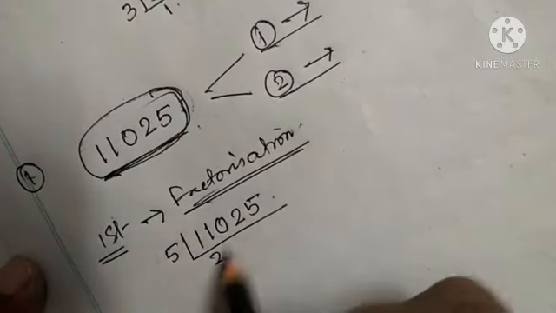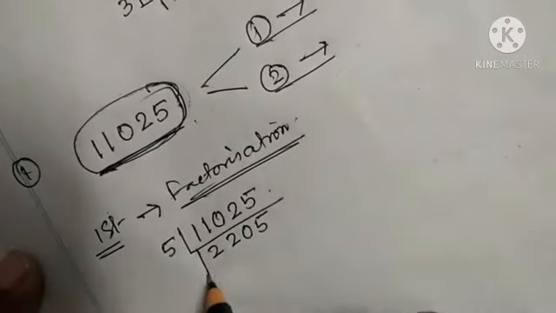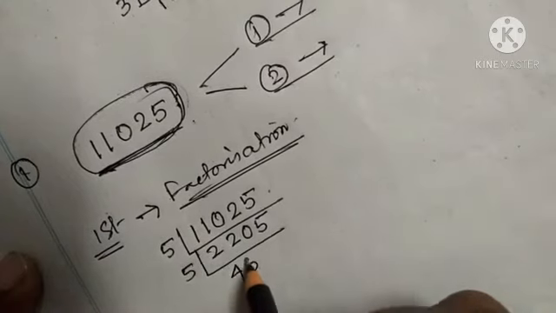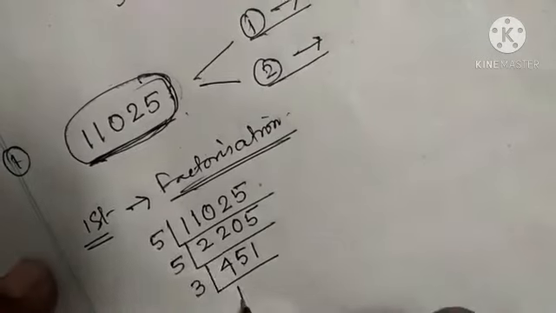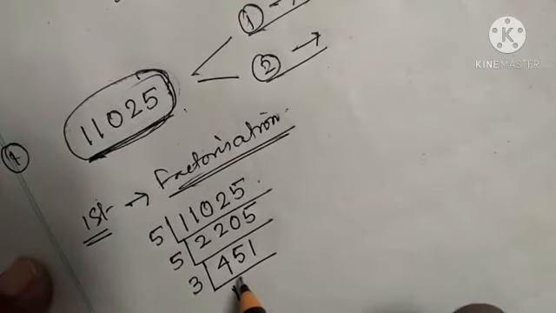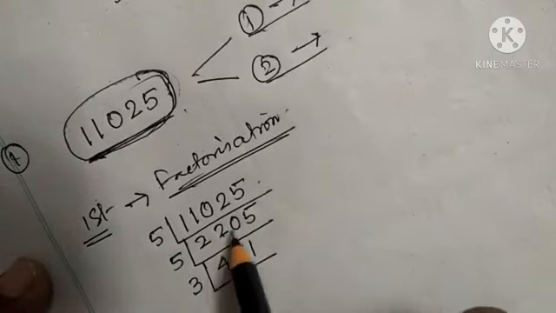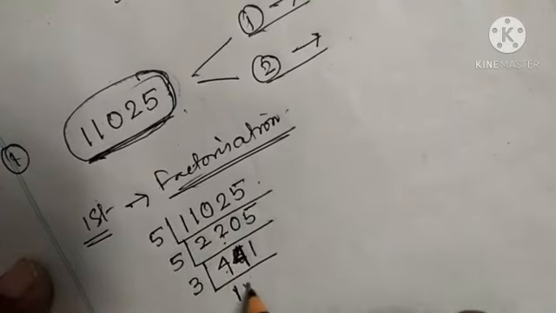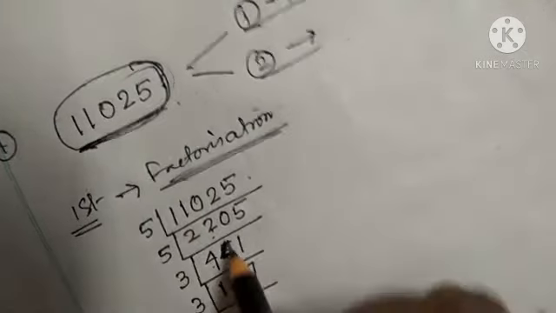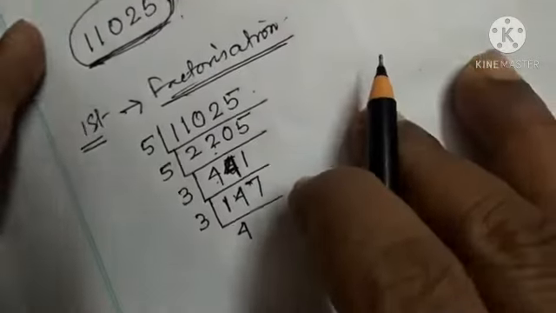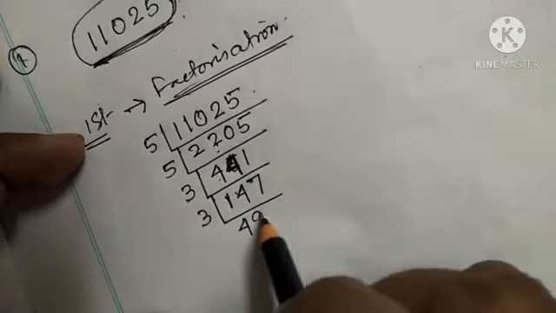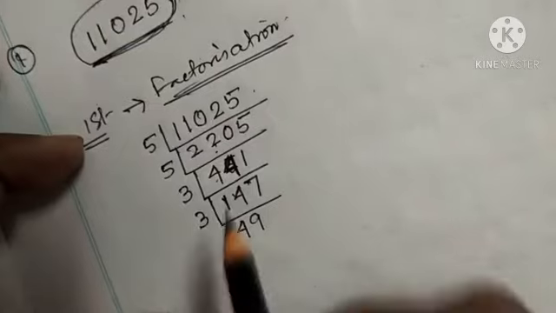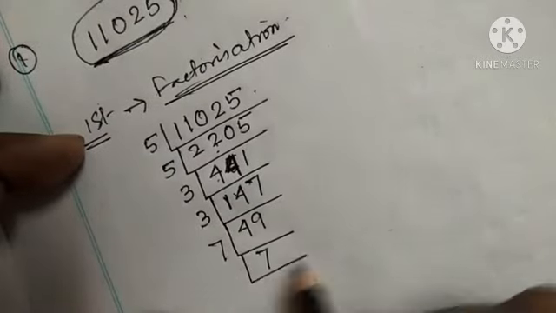11025 divided by 5 is 2205, and again 5 gives 441. Sorry, this will be 441, then 3 gives 147, again 3 gives 49, again 7, and 7, 1.